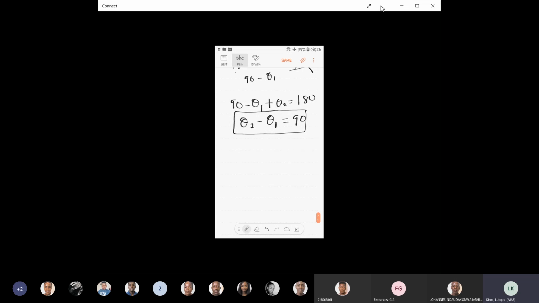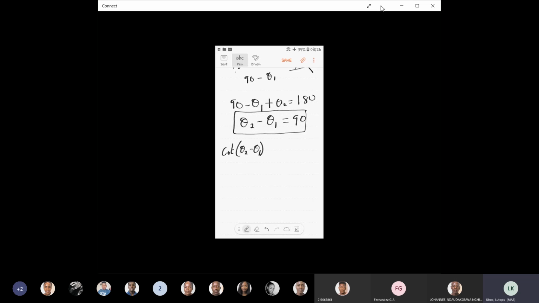What we do is we are going to take cot of theta 2 minus theta 1. Now I hope you remember your identities of tan of a sum of angles.